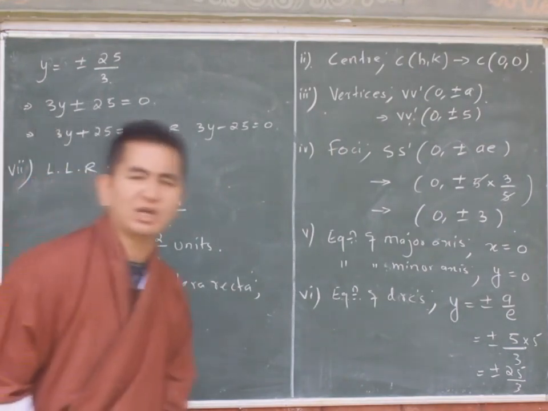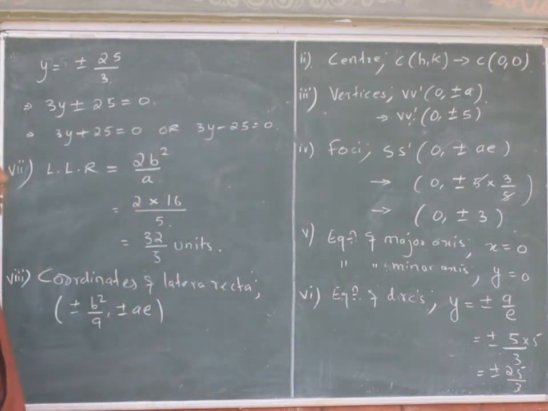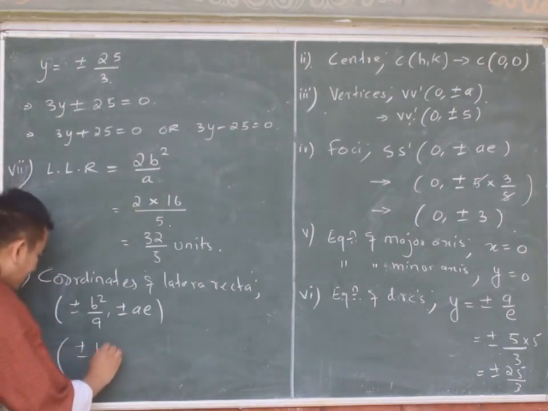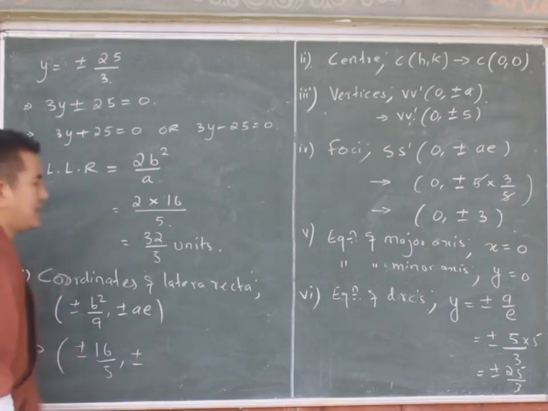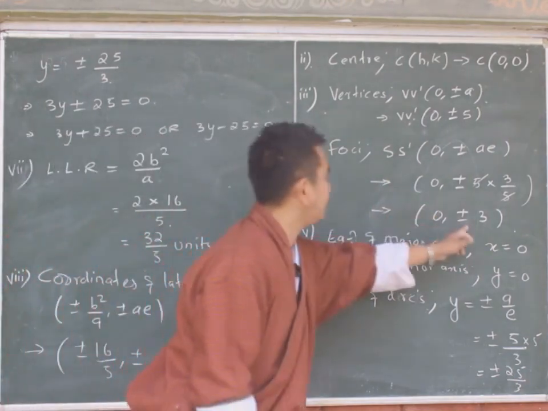This is a vertical ellipse. Focus lies on the y-axis, which means this will be plus or minus, what's the b squared value? 16. What's the a value? 5, comma plus or minus ae. We already calculated, what's the ae value? 3.